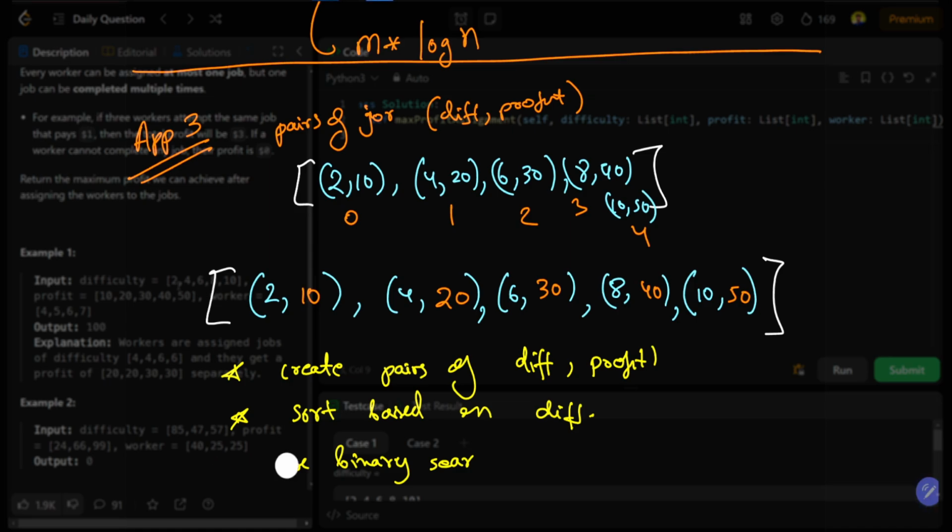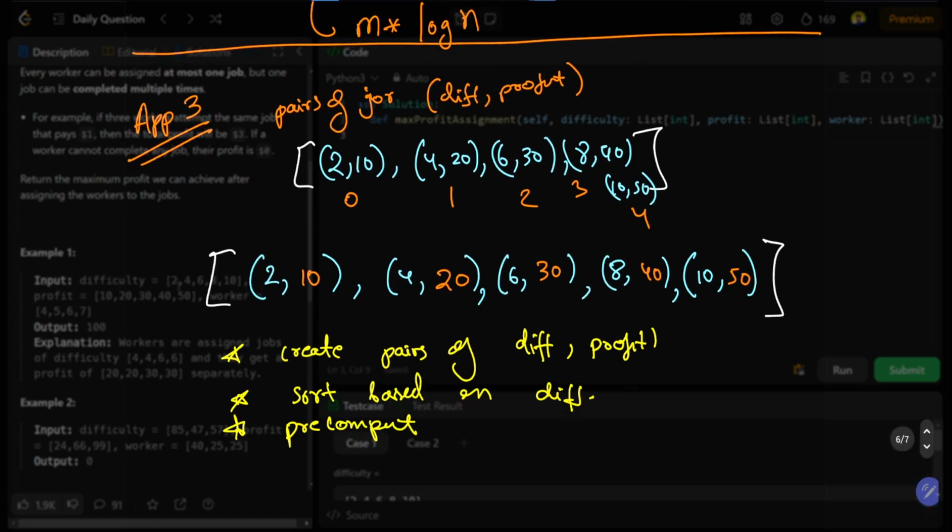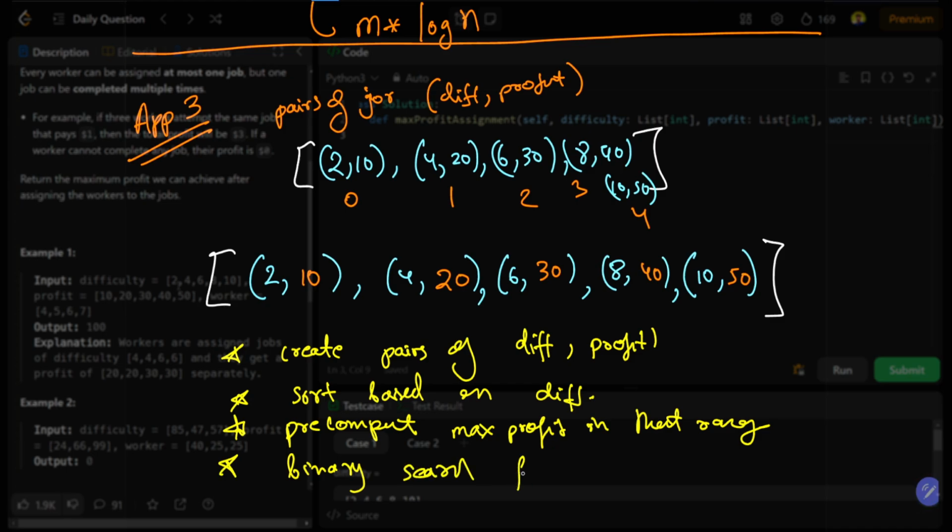Before that I can do pre-computation, computing the maximum profit in that range. Then I can use binary search for each worker to get the particular value.